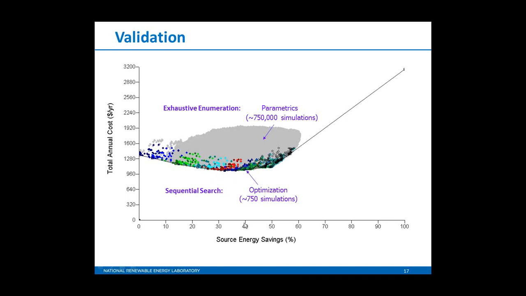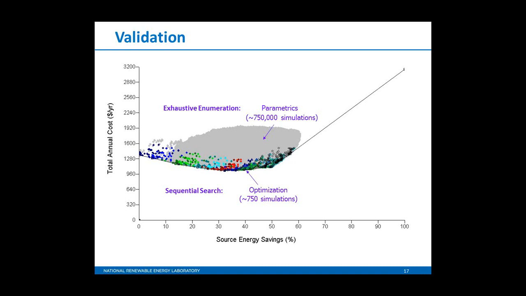And also, again, that for any given level of energy savings, BEopt is providing the user with a number of energy efficiency designs that are way more cost-effective than a whole bunch of other possibilities. You could be anywhere here if you were randomly trying to put together different components. So this is a good validation that the optimization search in BEopt works well.